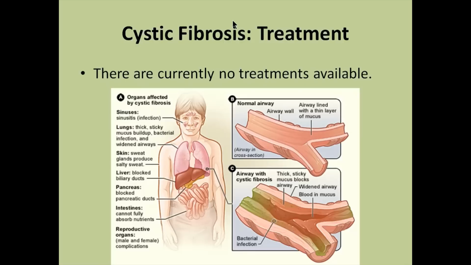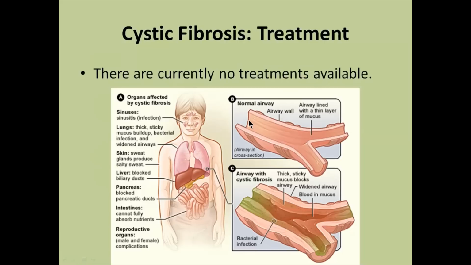The organs affected by cystic fibrosis are the sinuses; lungs, with thick, sticky mucus buildup, bacterial infection, and widened airways; skin, with sweat glands producing salty sweat; liver, with blocked biliary ducts; pancreas, with blocked pancreatic ducts; intestines, which cannot fully absorb nutrients; and reproductive organs are also affected.